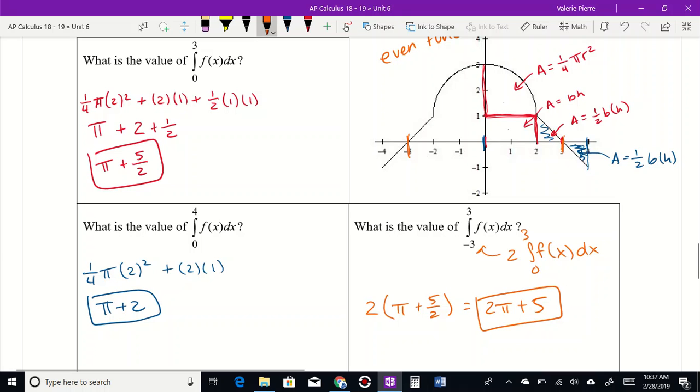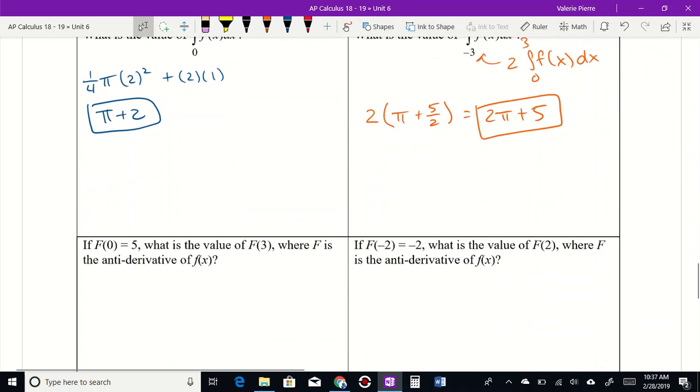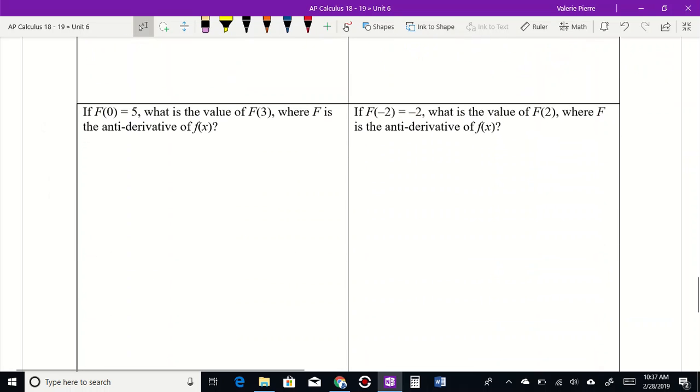All right. Now these next couple problems are going to give you some information, and you have to use that information to identify various integrals. So we know that if capital F of 0 equals 5, what is the value of capital F of 3, where F is the antiderivative of f of x?